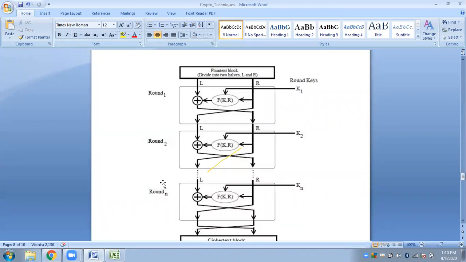In symmetric encryption we use algorithms, and those algorithms use these techniques. So depending on the algorithm used, you will have a different number of rounds for processing every block.